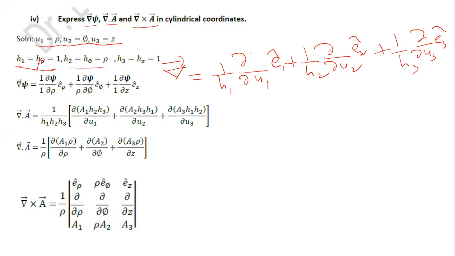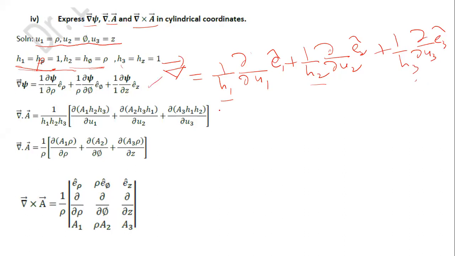So this was your del operator for the general orthogonal curvilinear coordinate system. You just put h1 as h rho, which is in fact 1. So just substitute the scale factors: h2 as h phi, that is rho, h3 as h z, that is 1, and u1 as rho, u2 as phi, u3 as z. So this is what you're going to get as the gradient.